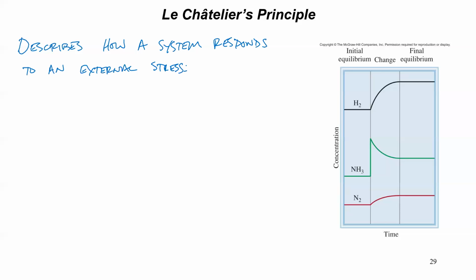And hopefully in these next couple slides, we'll talk a little bit more in detail about how we separate out what's external and what is the system reacting. The first thing, and what a lot of Le Chatelier describes, is a change in concentration.